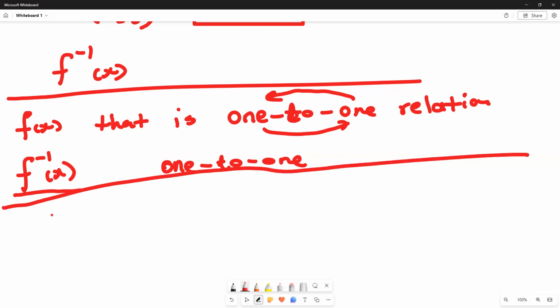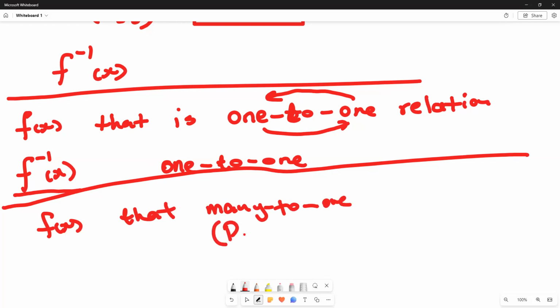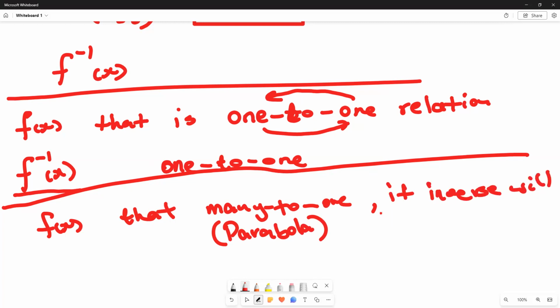Let's say f of x is many to 1. For example, a parabola is a many to 1 function. You agree that its inverse will be, remember, with the inverse you're just flipping, so 1 will be here, many will be that side.